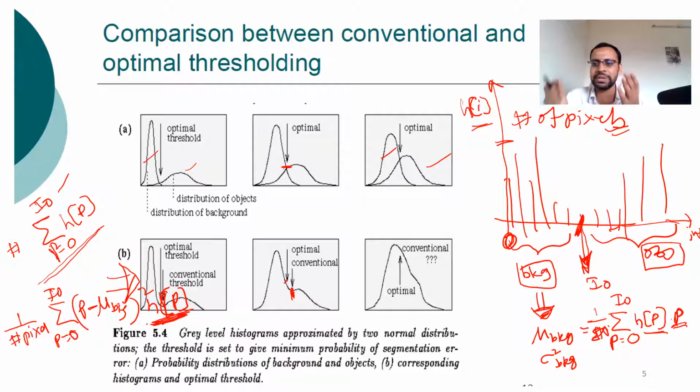That's all. So simple rearranging of your terms, right? Given that you know this, you can also do the same thing for the object. Any questions so far? Is that clear?